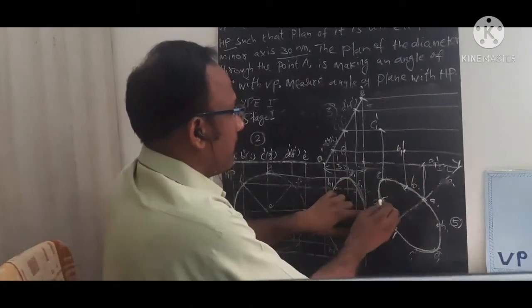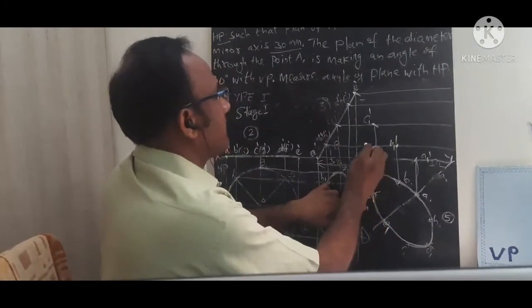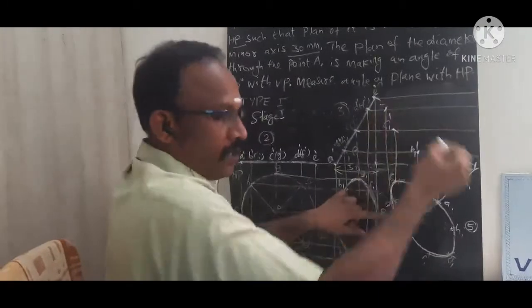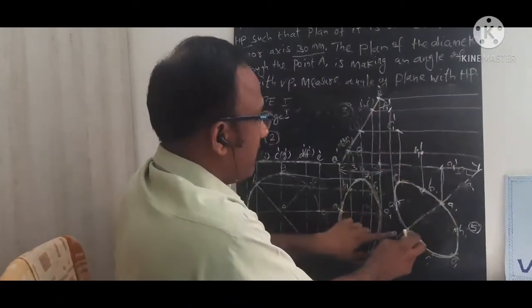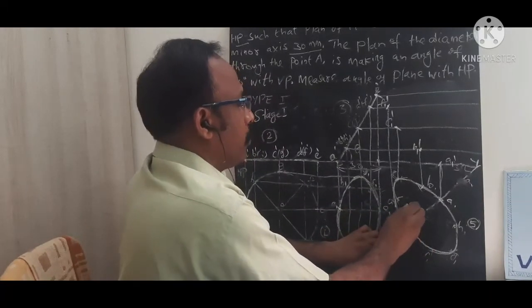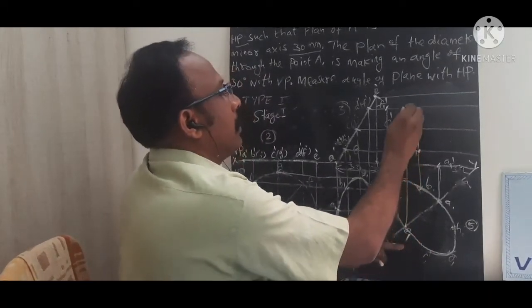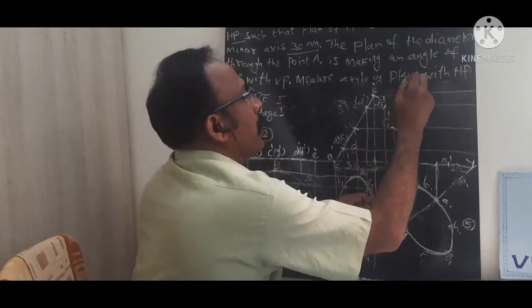Then I am going to draw a vertical line from this F1. It meets somewhere here. So this is my F1 dash. Then from E1, again you draw the vertical line. It is going to meet at the top horizontal line. This is my E1 dash.